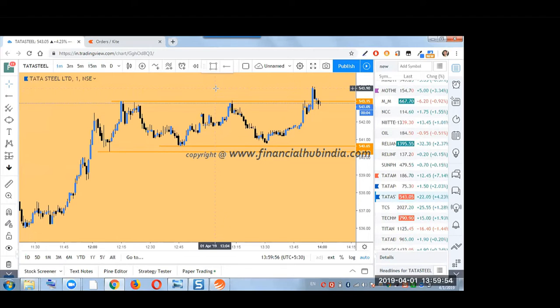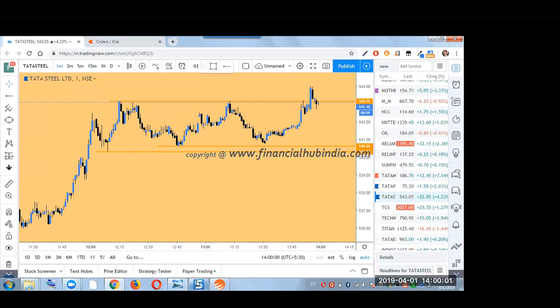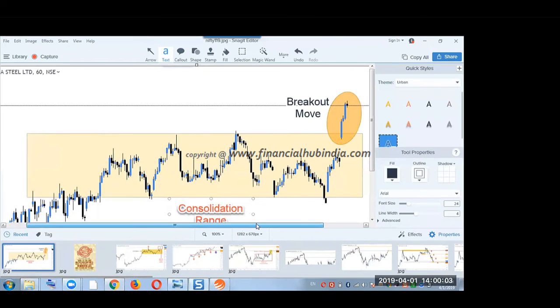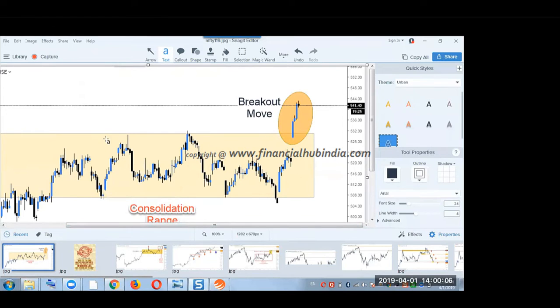So basically, if I want to discuss in a broader picture, then actually we had a consolidation range in here. If you see the higher time frames, this is the breakout move actually, which we are trading now.